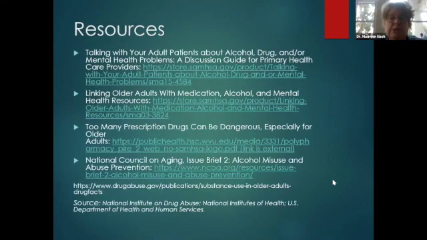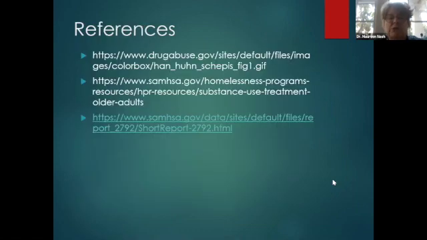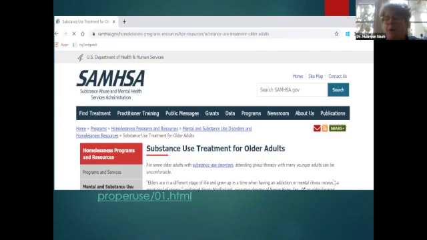Here are some resources and references. There are many different places to find really good, reliable research, but here are two. The SAMHSA, which has a whole section on substance use treatment for older adults.